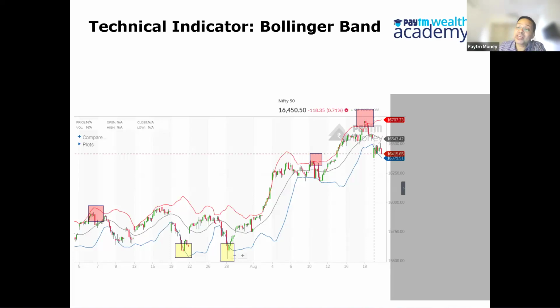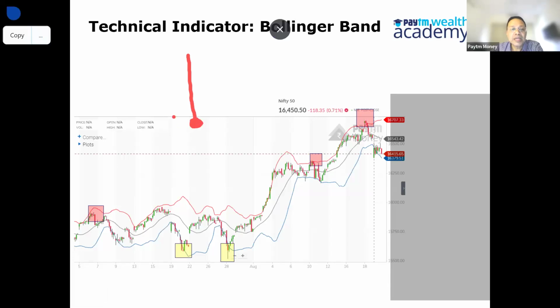Now, this is a very, very important theory, normal distribution. Now, what is that? Let me give you a very simple example. If you have got a pendulum, the pendulum has 1 standard deviation, 2 standard deviation, and 3 standard deviation.